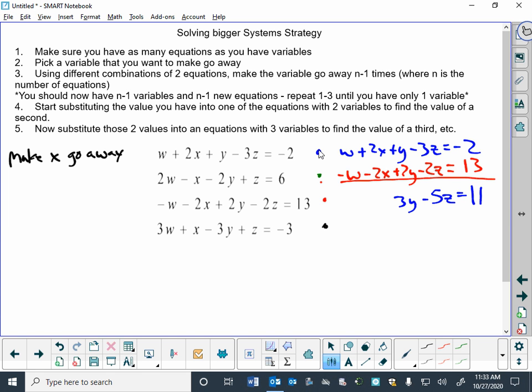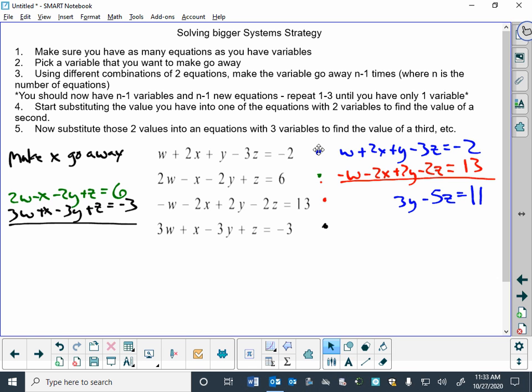If I have the green and the black equations together, so if I take my 2w minus x minus 2y plus z equals 6, and the 3w plus x minus 3y plus z equals negative 3, and I add those 2 together, I'm going to get 5w; the minus x plus x is 0 x's.